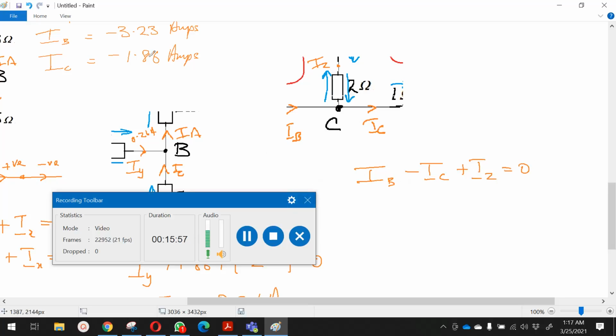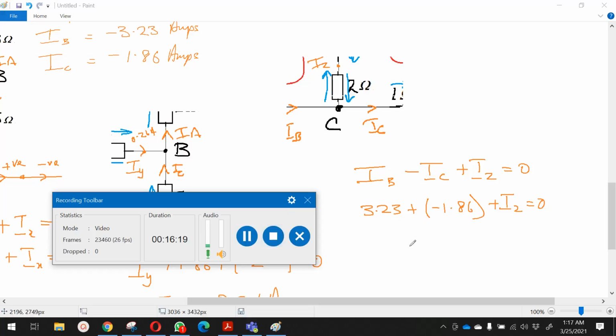Values: IB is equal to 3.23. IC was 1.86, so 3.23 plus negative 1.86 plus IZ is equal to 0.